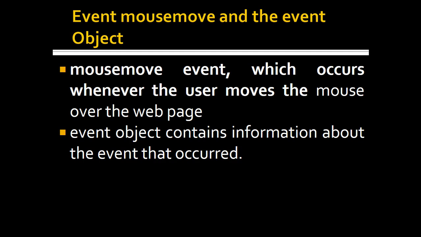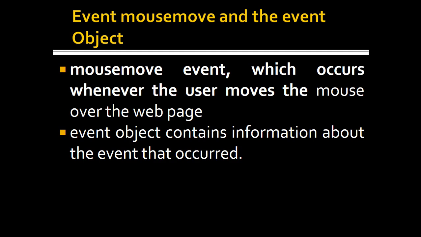This is another important object which is present inside JavaScript. The mouse move event occurs whenever the user moves the mouse over the web page.